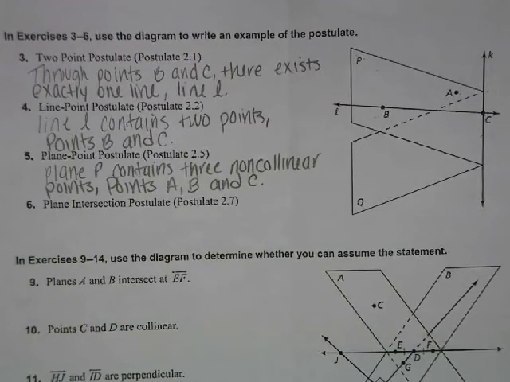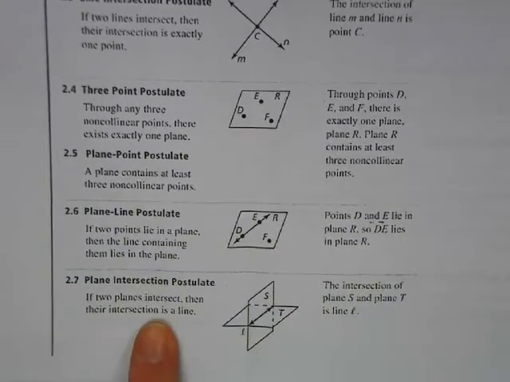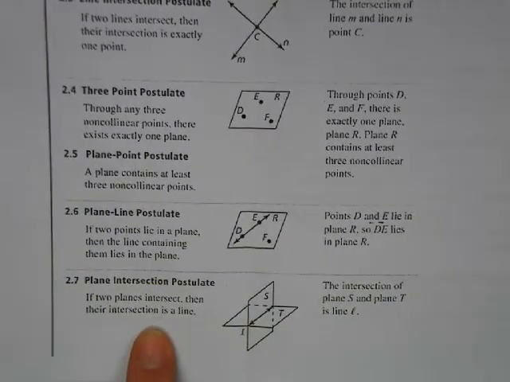And then the last one is the plane intersection postulate, which says that if 2 planes intersect, then their intersection is a line.